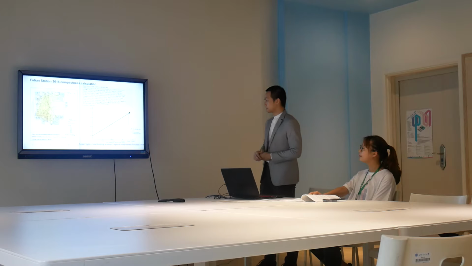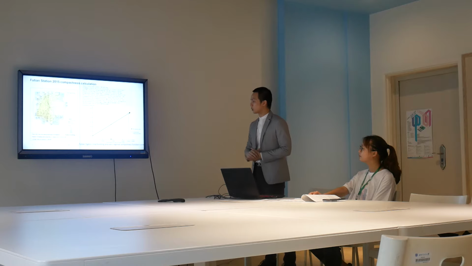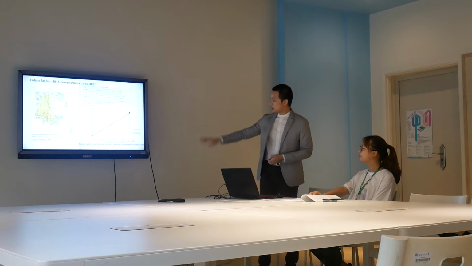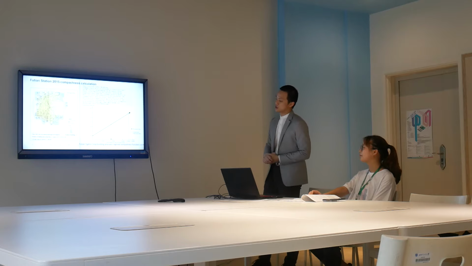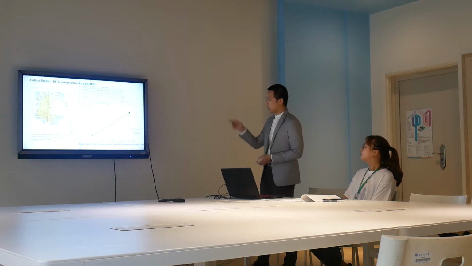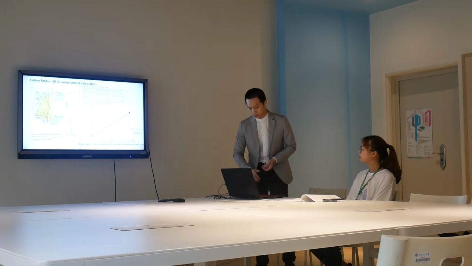This is a curve about the Futian underground station and the original compactness, and we can see the critical value of this underground station is about 140,000 square meters. It's a very large scale.